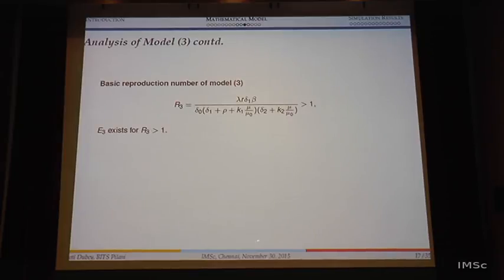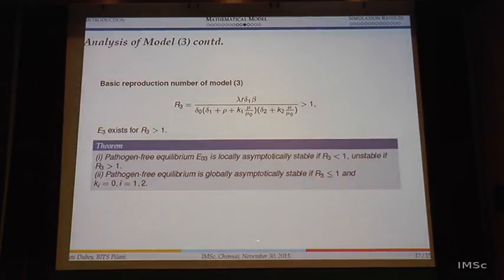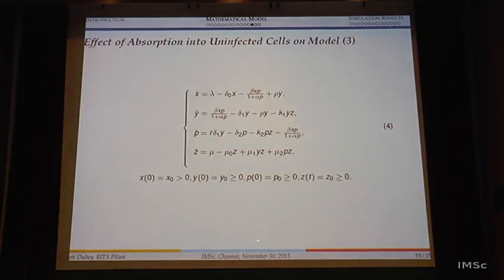The basic reproduction number is dependent on the immune response, and the pathogen present equilibrium will exist if this basic reproduction number is greater than 1. Here we have done local stability analysis and global stability analysis like the others. This I am going to skip.